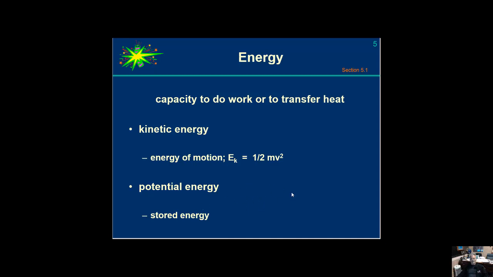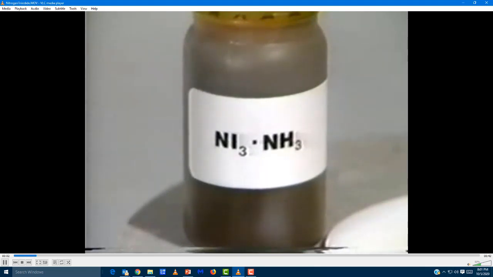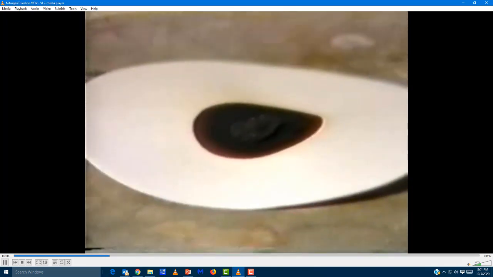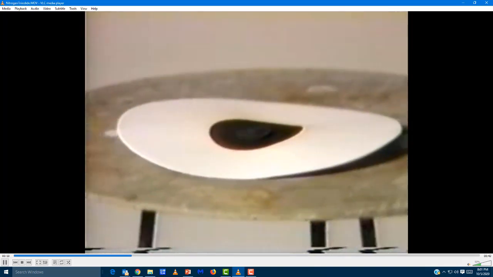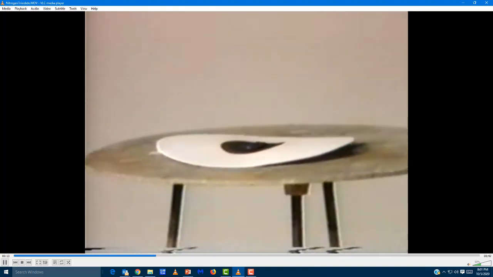And so let's take a look at one chemical reaction which is very energetic. In this experiment, we are looking at the explosive decomposition of a compound of nitrogen triiodide. This brown compound is so sensitive when dry that just touching it with a feather causes an explosive decomposition.